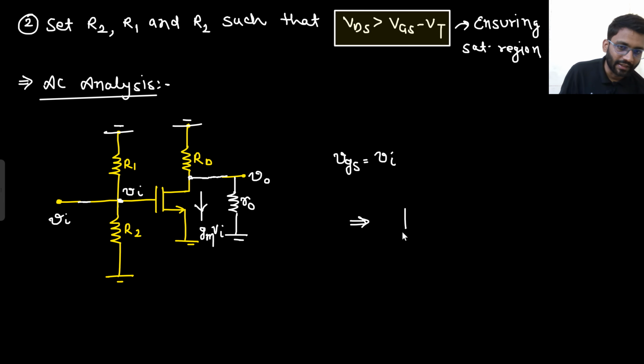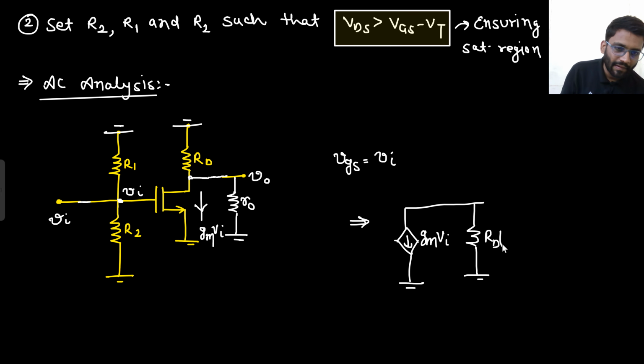So basically what is the scene here? The current is GM Vin that is flowing through RD parallel R naught. So what will be the gain?